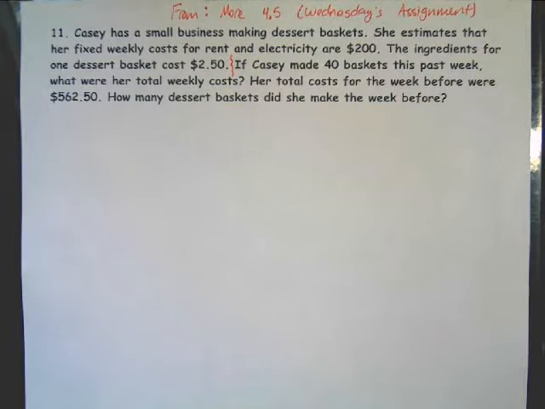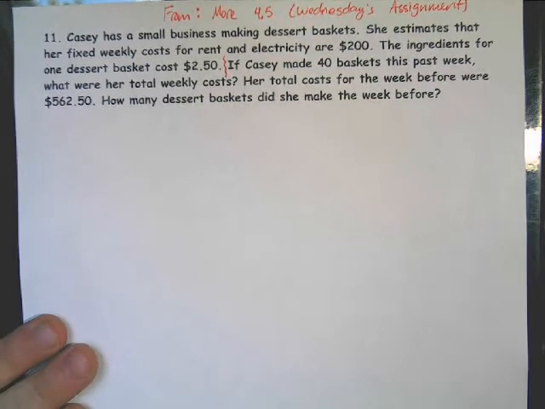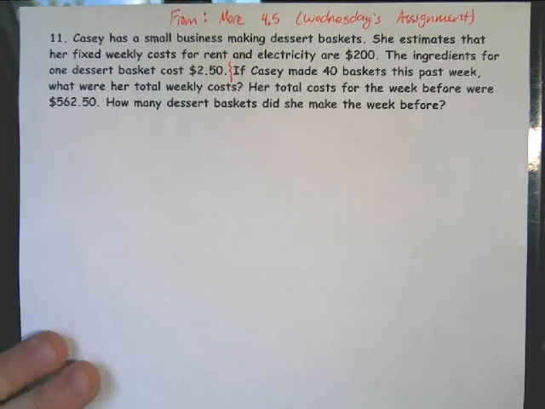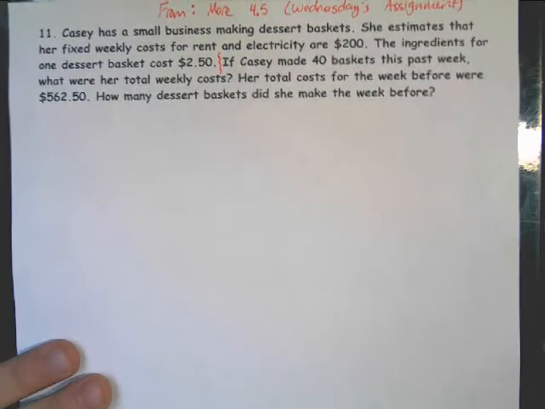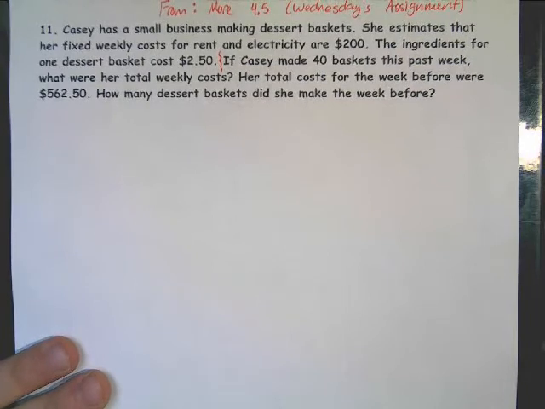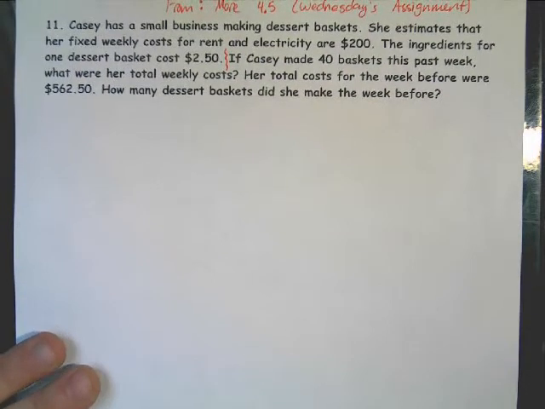Casey has a small business making dessert baskets. She estimates that her fixed weekly costs for rent and electricity are $200. The ingredients for one dessert basket cost $2.50. So which value would represent our starting point, our y-intercept, and which value would represent our slope, how we're changing each time?